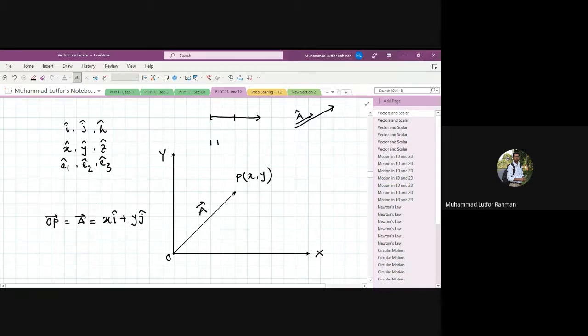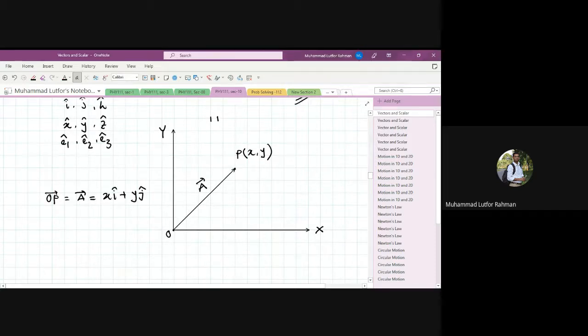Right. So this could be written as follows. If you want to reach that point P, you have to move some length along the x-axis, which is x, and some length along the y-axis, which is y. If you multiply this x with i hat, you will get this vector.